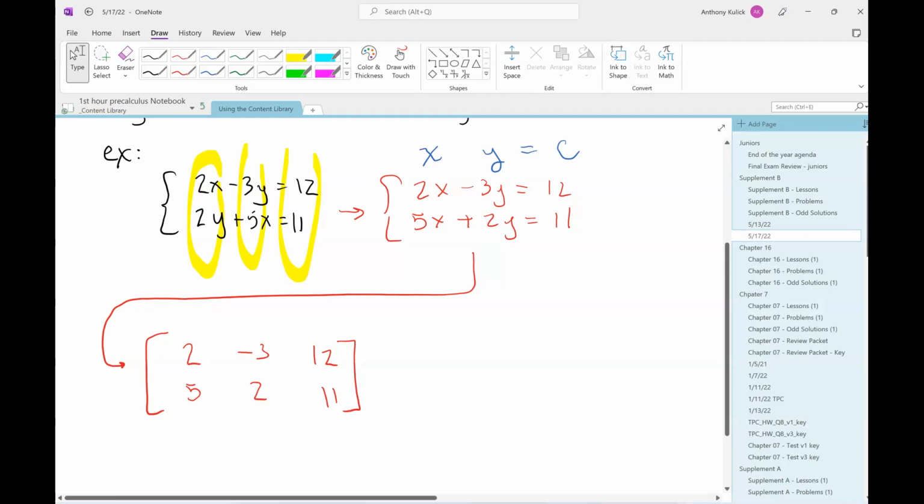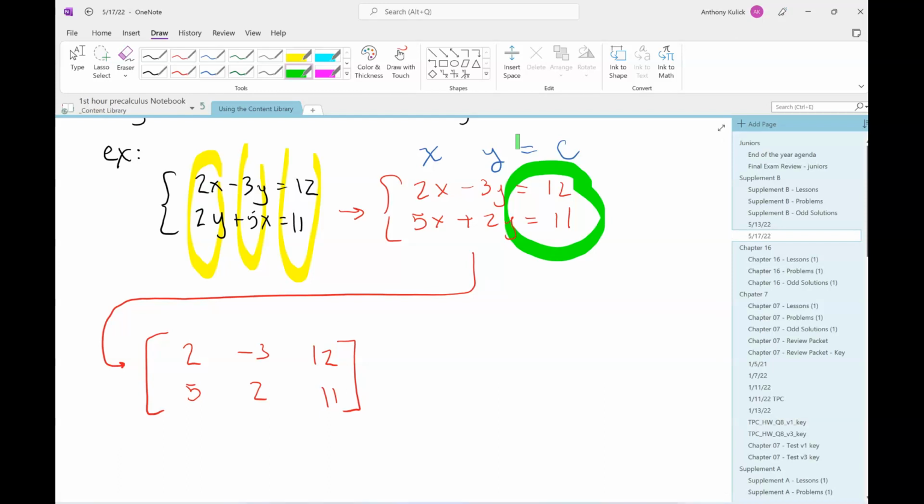Everybody's okay with that? Now, I want to really emphasize that the equal sign has to be in this position. The answers have to be on the right-hand side of your equation. When you convert this into a matrix, your system has to be in that format where you have variable, variable, variable, whatever, equal sign, and then constants. It has to be formatted that way, or what we're about to do will not work. Everybody's cool, though? Okay.